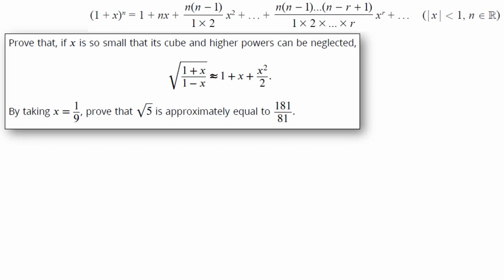Next, we're going to have a look at how we can use binomial to approximate things that would otherwise be quite time-consuming and tedious to calculate. So in this particular case, we're going to find an approximation for root 5.